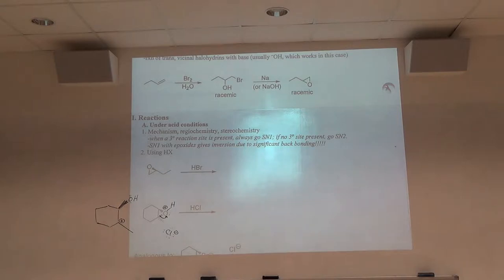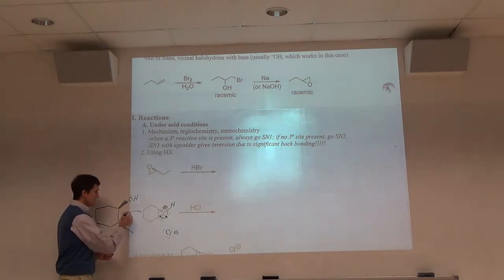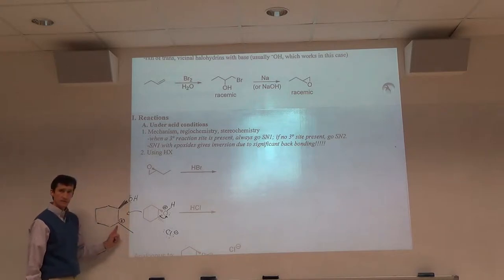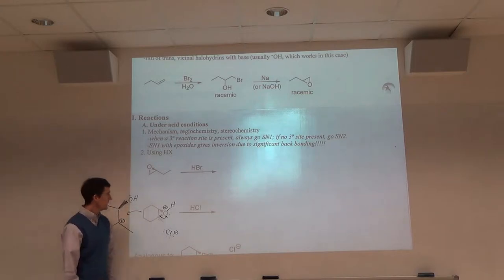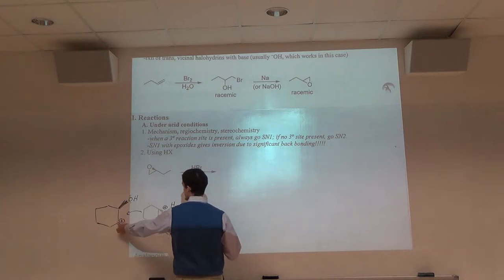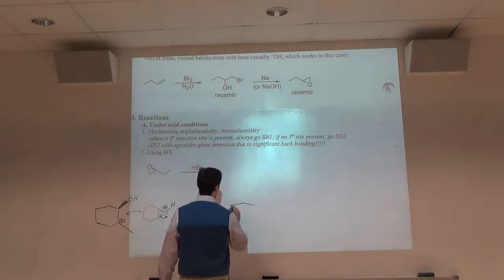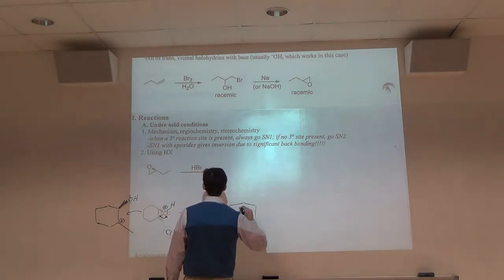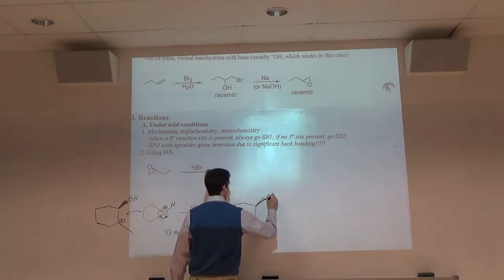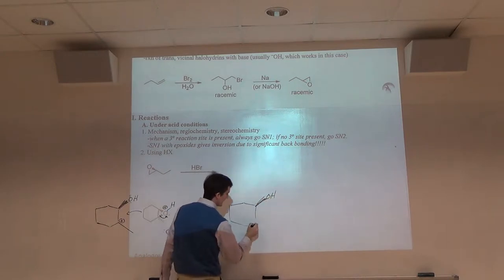We mentioned this in Organic 1, but with epoxides, ultimately what's going to happen next? Cl minus attacks here. We would show the product. And what type of stereochemistry would we expect here? We might expect racemic. So that would be that.